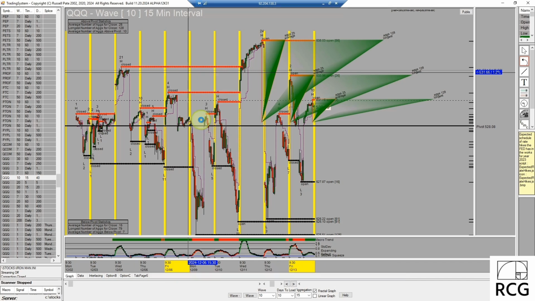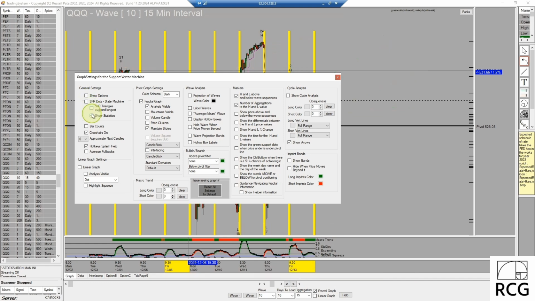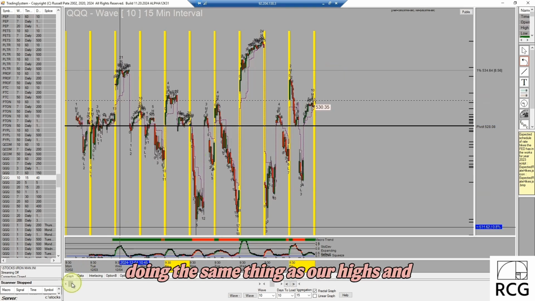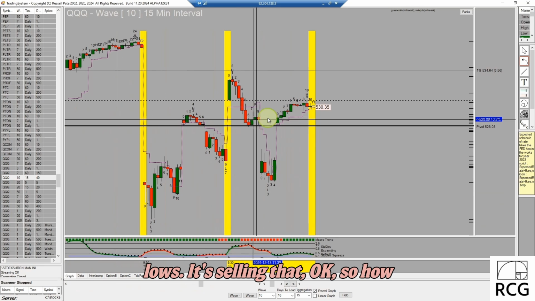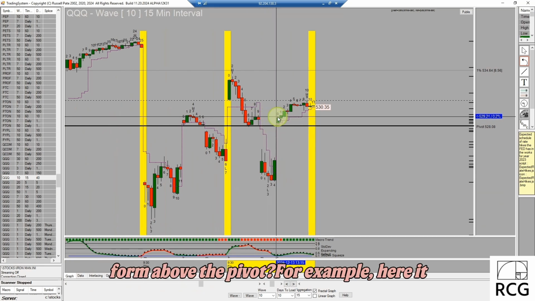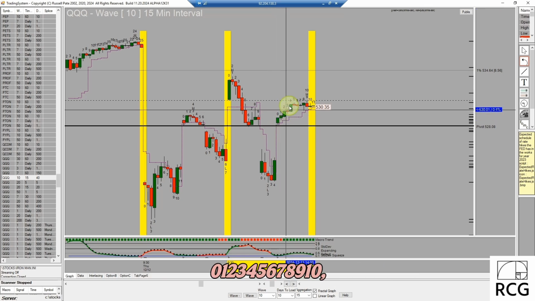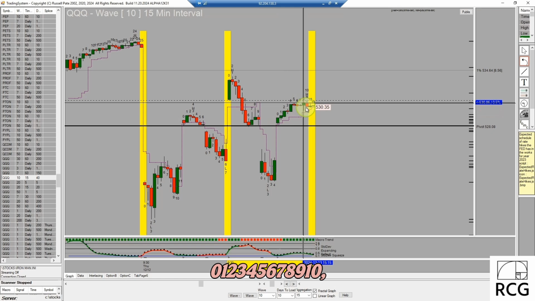Okay, moving on. Then we're going to be talking about the bar counts. Basically, this is just doing the same thing as our highs and lows. It's telling us how many aggregations the market actually formed above the pivot. For example, here it formed 0, 1, 2, 3, 4, 5, 6, 7, 8, 9, 10.